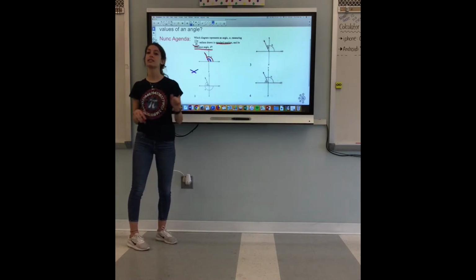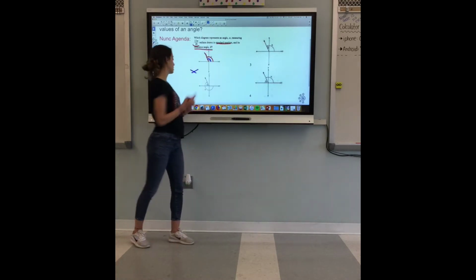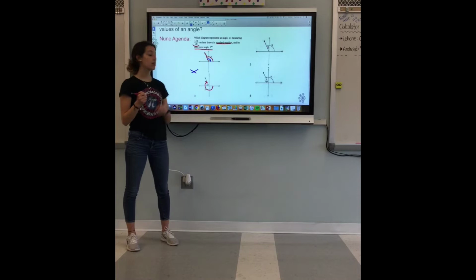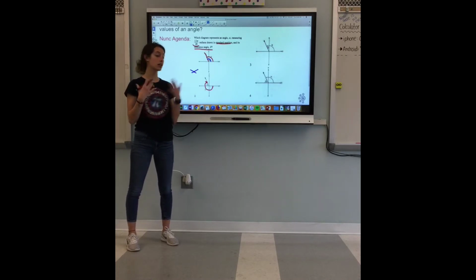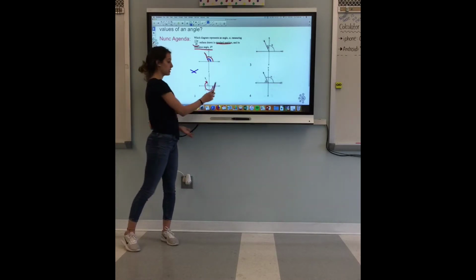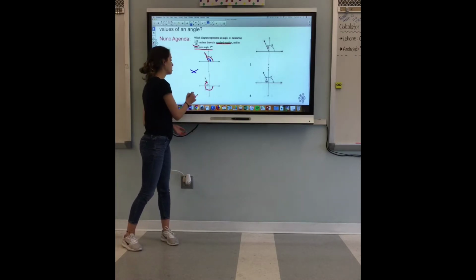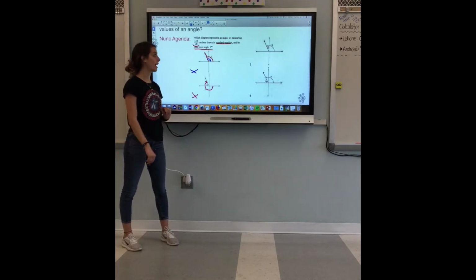So 1 is out. So let's look at answer choice 2. It says that this here is alpha. Now that does not work because in order to have an angle in standard position, you start at your x-axis and you go counterclockwise. So 2 is out.